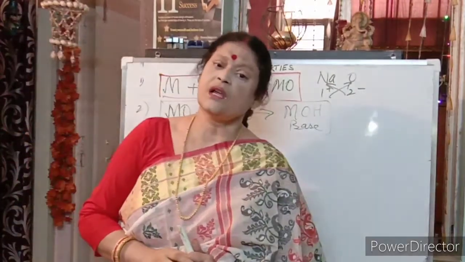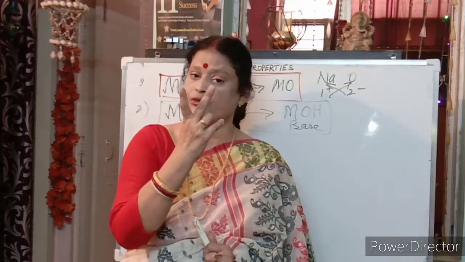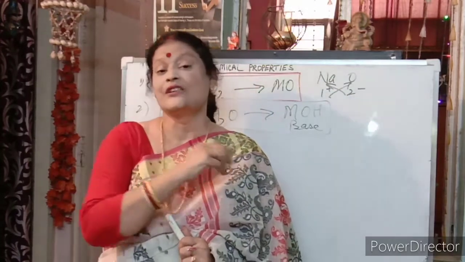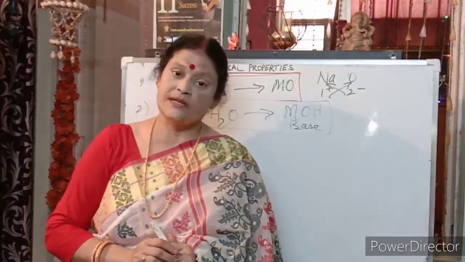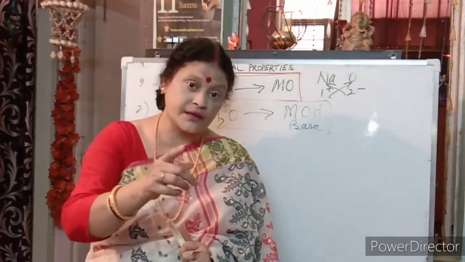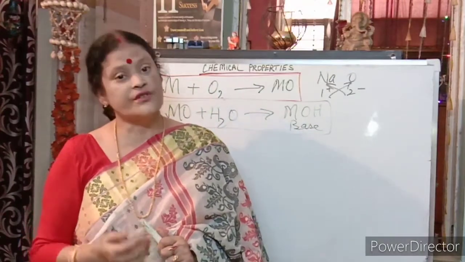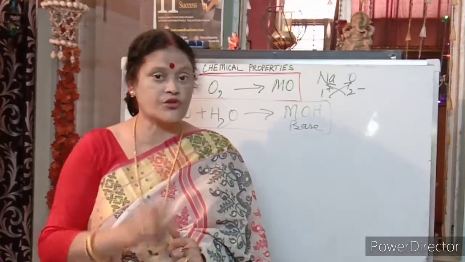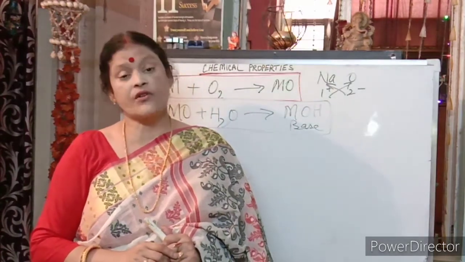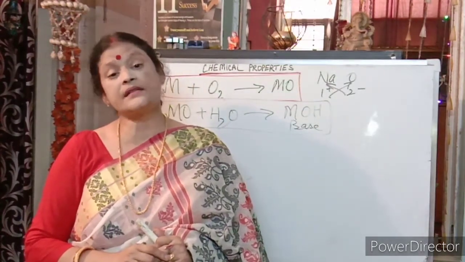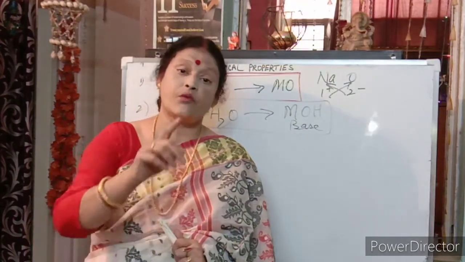Clear? Now next is, why are metals called basic oxides? It is a 2 mark question. What will you write? Metals when they react with oxygen form metal oxide. Metal oxide when it reacts with water forms metal hydroxide, which is a base. You will not write that metal reacts with water.